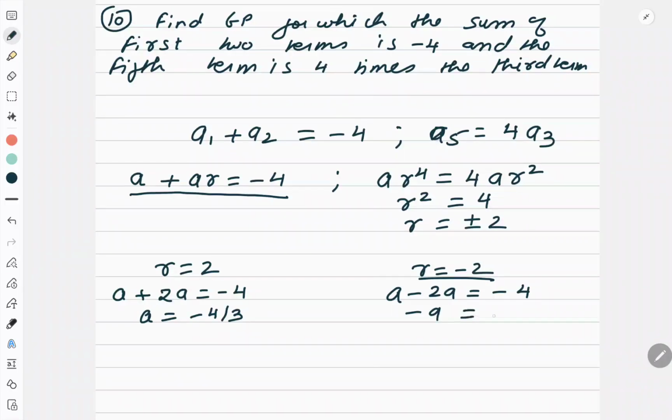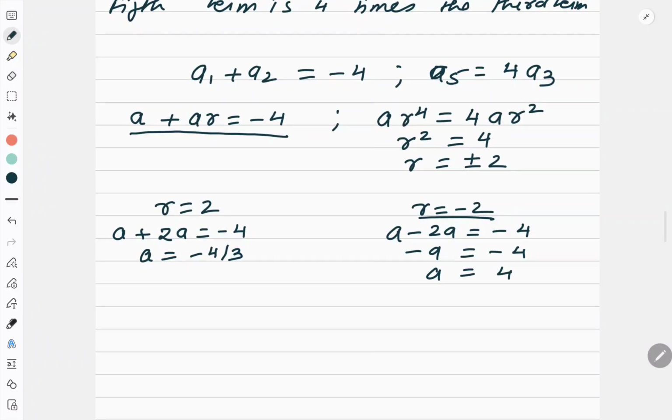So minus a is equal to minus 4 and a is equal to 4. So my one GP will be a comma ar. So minus 4 by 3 comma minus 4 by 3 into 2 comma ar square dash dash dash.